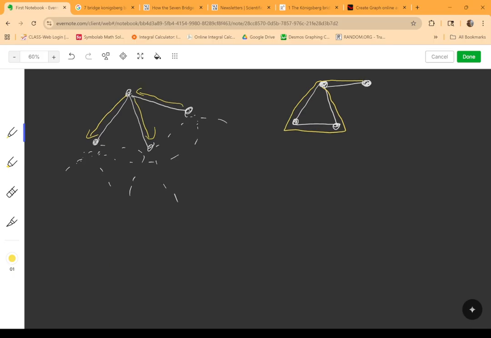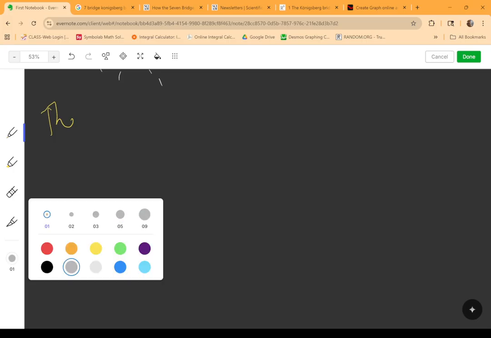All right, so now let's take a look at the theorem. Here's what I'm going to state. The theorem will be stated, and I won't go through the proof here.